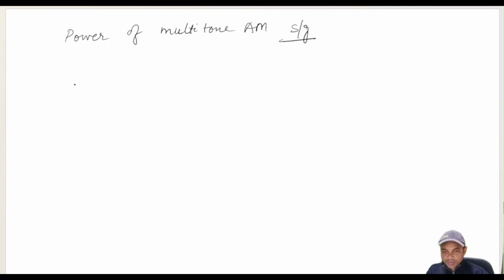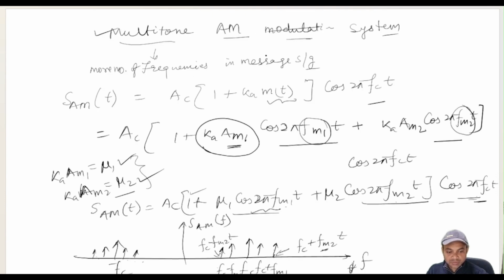What will be the power? Power is basically PT equal to PC plus PSB, and PC is already clear. We have more than one sideband here.